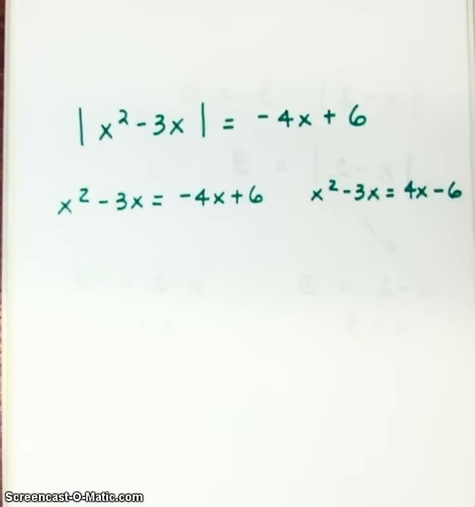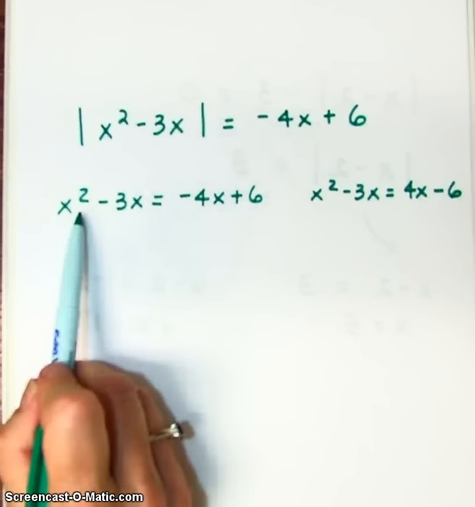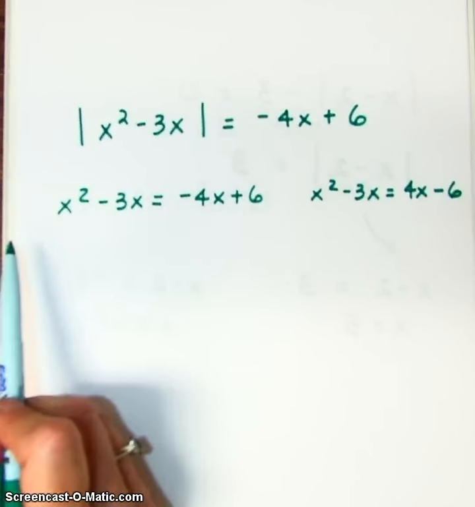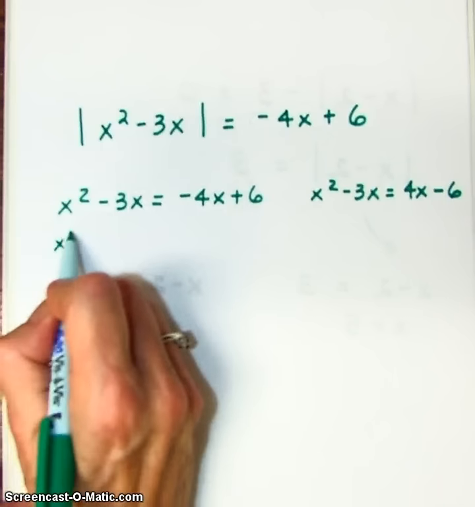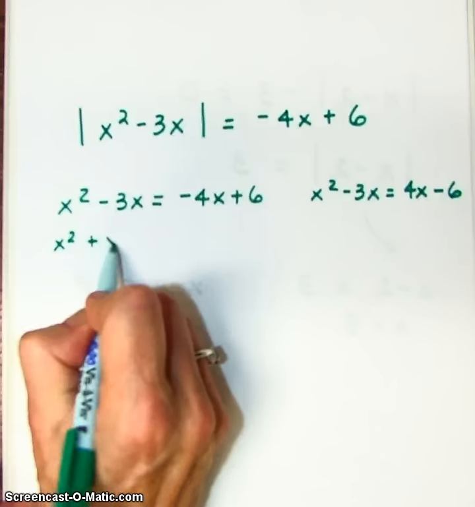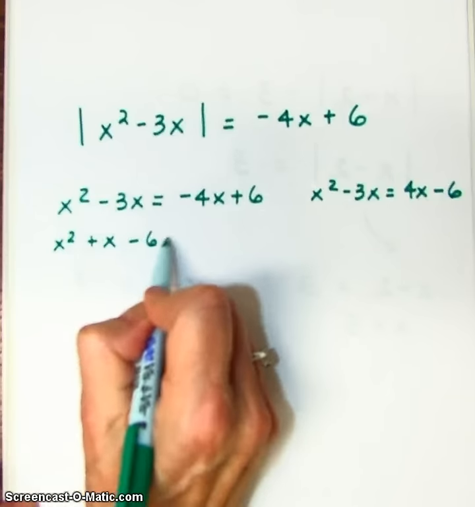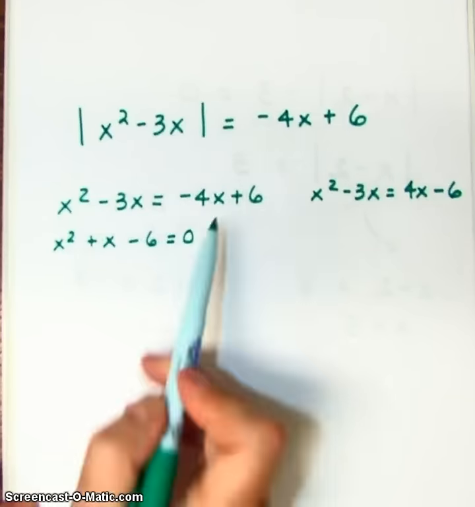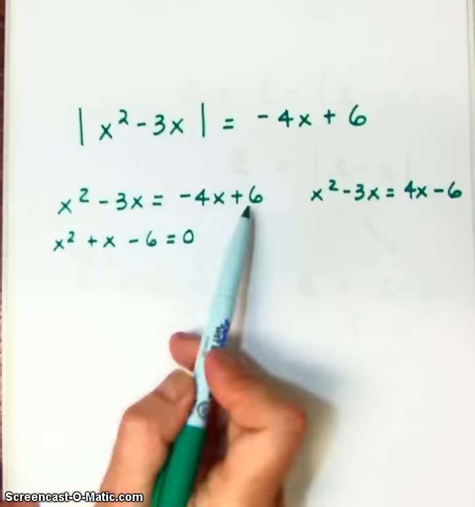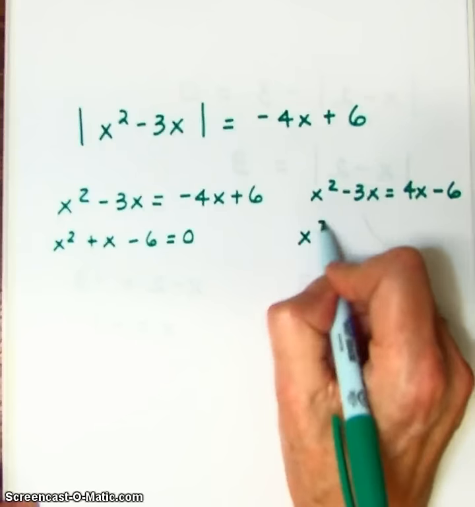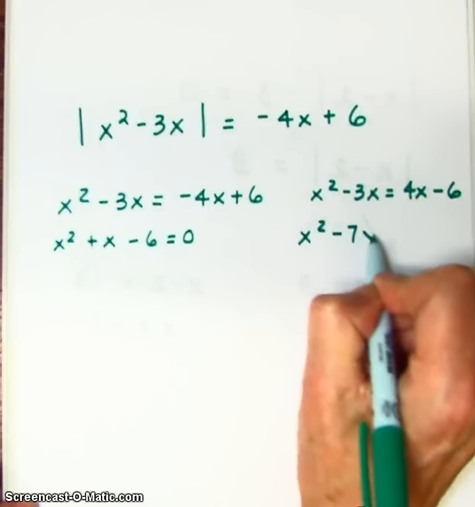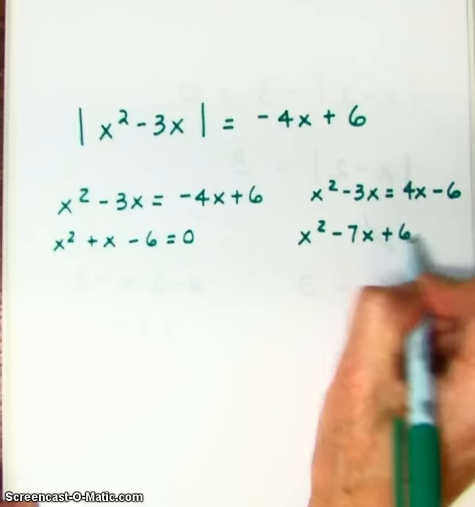And let's see what happens. First of all, this is quadratic, so we know we're going to get everything over to the left side and set it equal to 0. So this becomes x squared plus x minus 6 equals 0. This comes over as positive, this comes over as negative. This other one will become x squared minus 7x plus 6 is equal to 0.